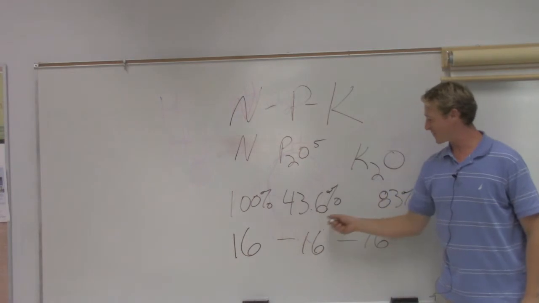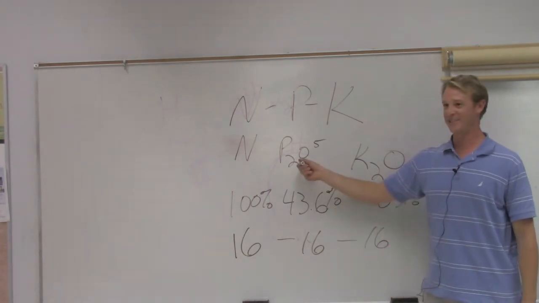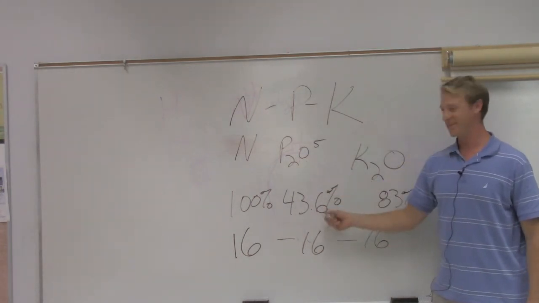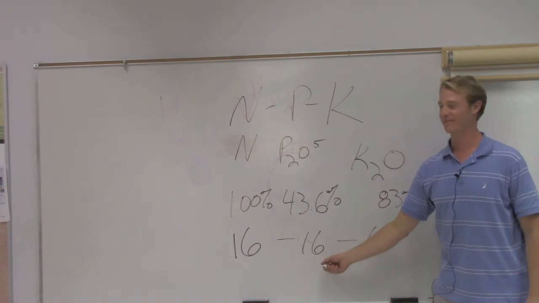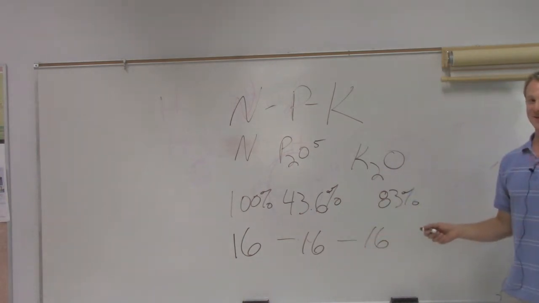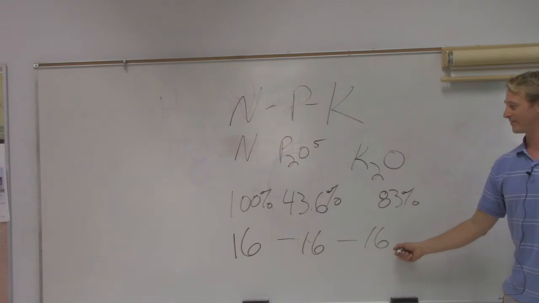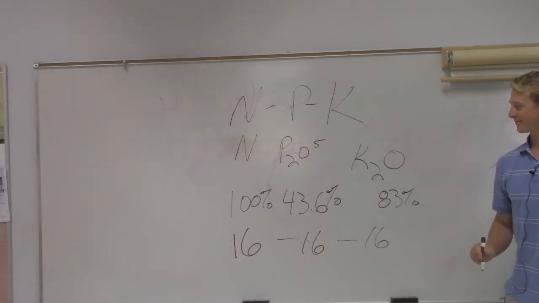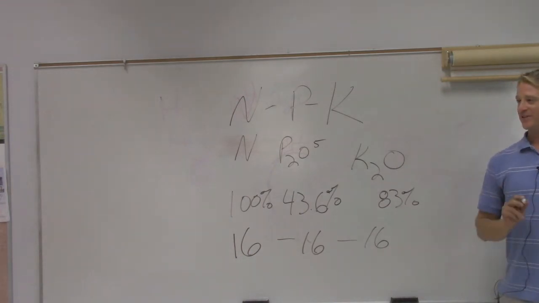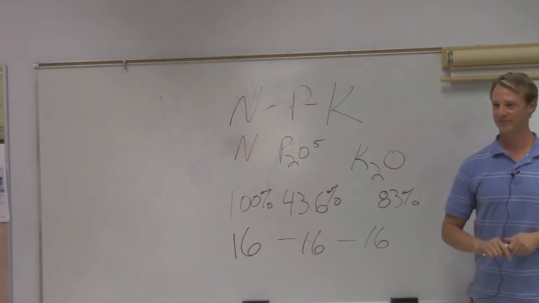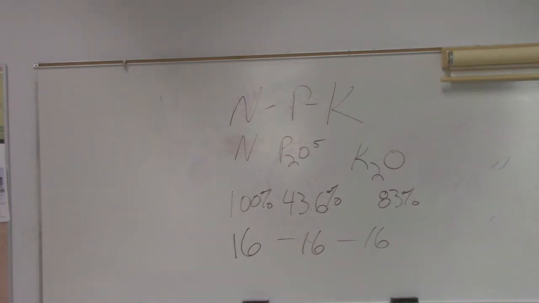Only 46% of the P that is in this bag is represented by this number here. This is going to confuse you. I'm going to go through it in a second. This one is only 83% of this number. I'm going to do an equation in a second. But first, let's look at ratios.